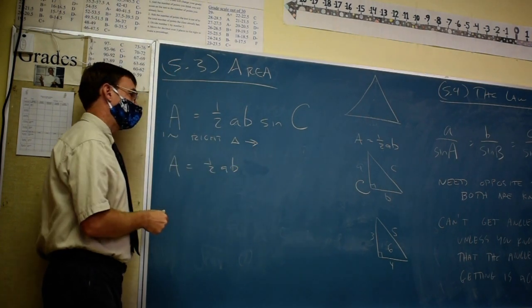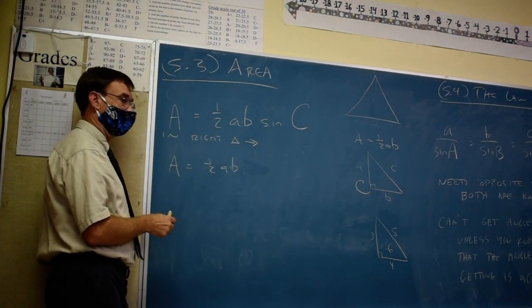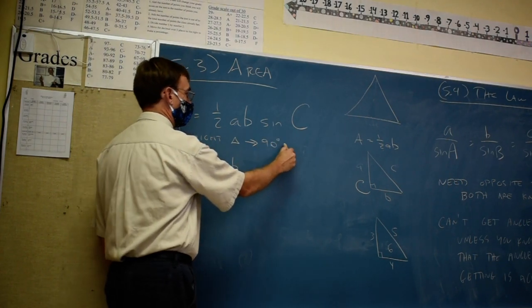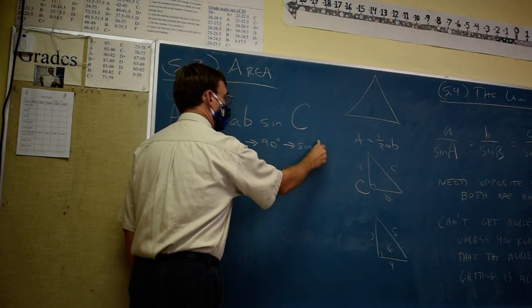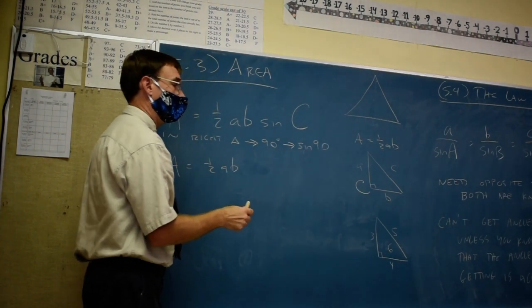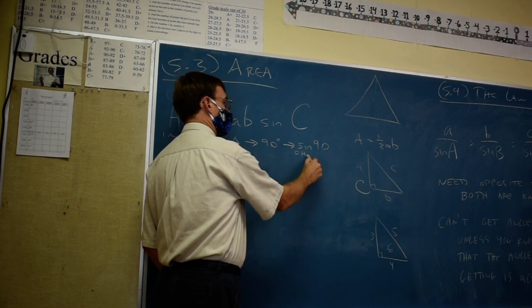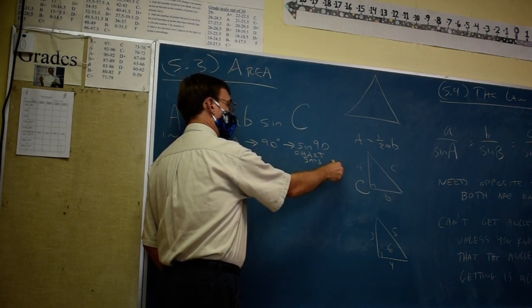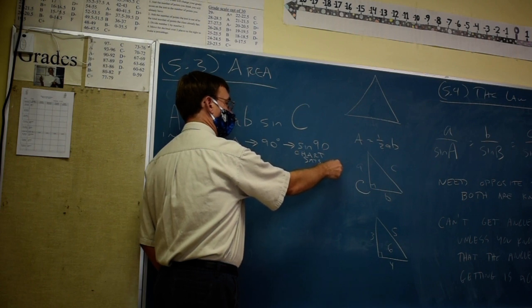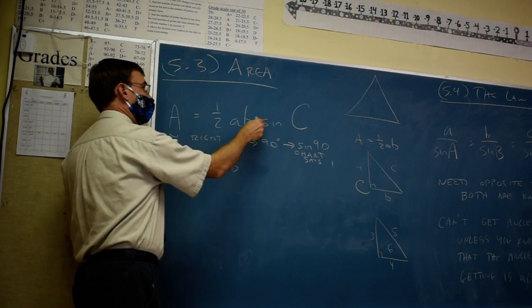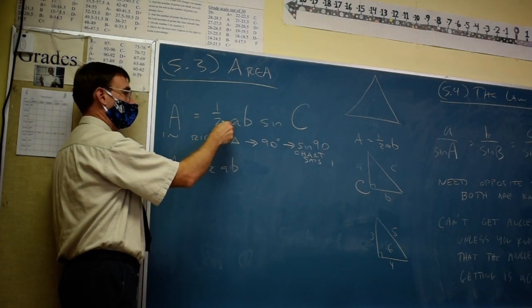Which again, like yesterday, right triangle means you have a 90-degree angle. If you try to do the sine of 90, when have you done that before? On the chart. Chart says sine of 90 is 1. 1 times stuff is stuff.